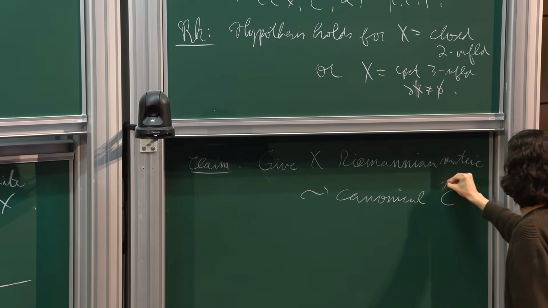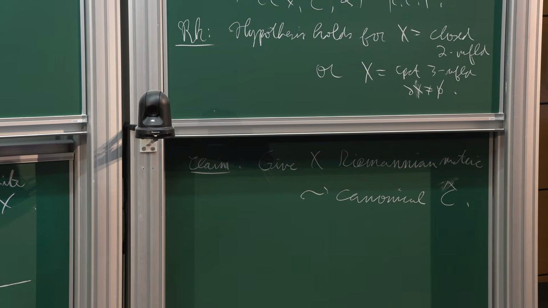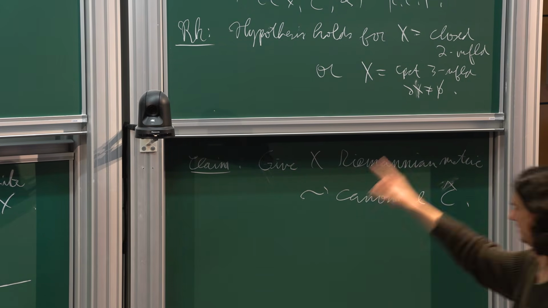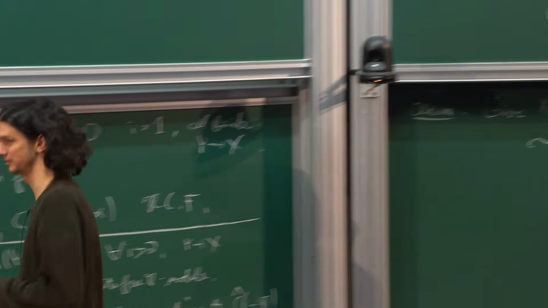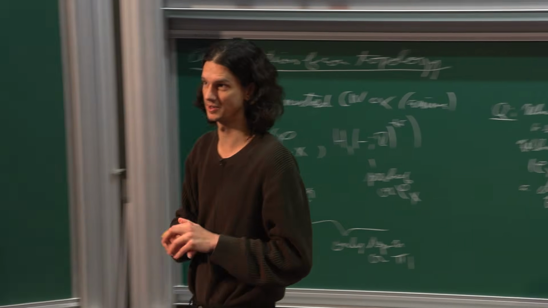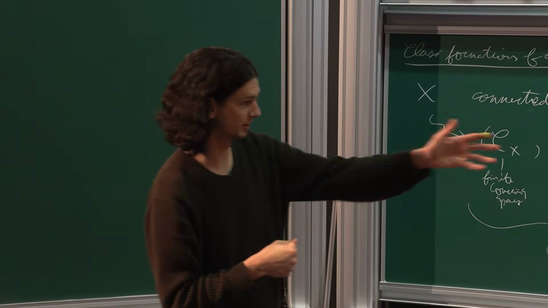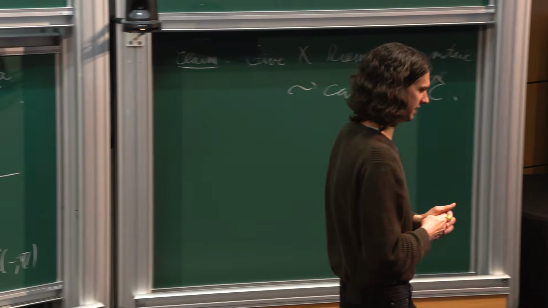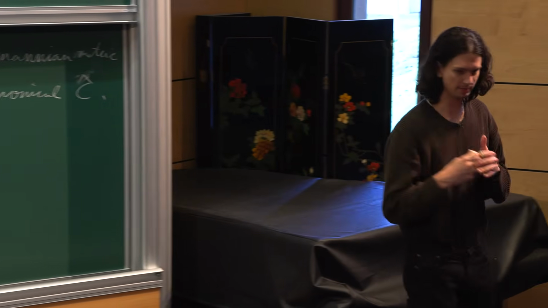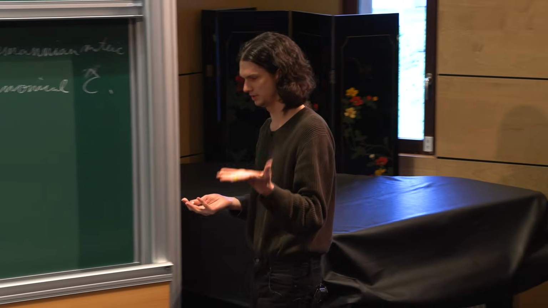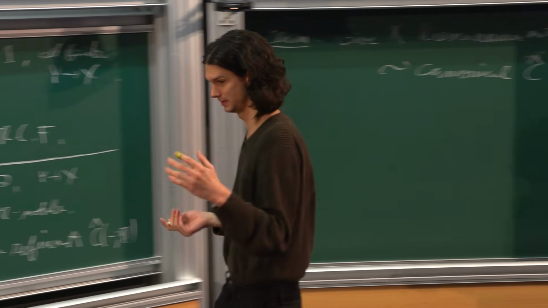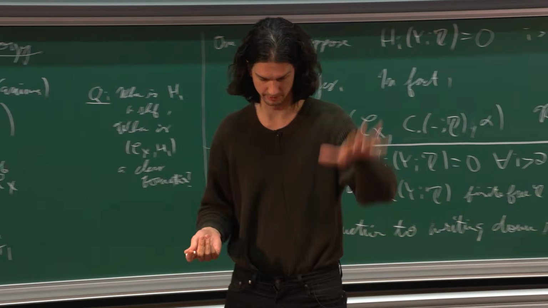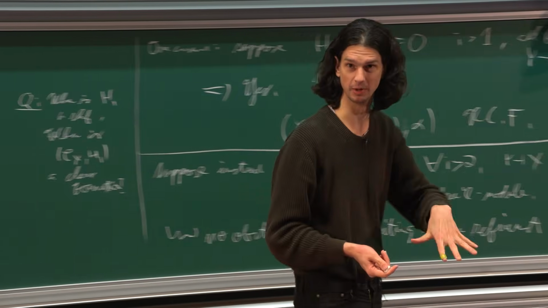I said there was a potentially non-canonical way to make these refined chains, but I claim that if you choose a Riemannian metric, some geometric structure on your manifold, then you actually get a canonical choice. And the basic reason is that once you choose a Riemannian metric, then the chains with real coefficients get a canonical splitting coming from the harmonic forms, coming from Hodge theory.